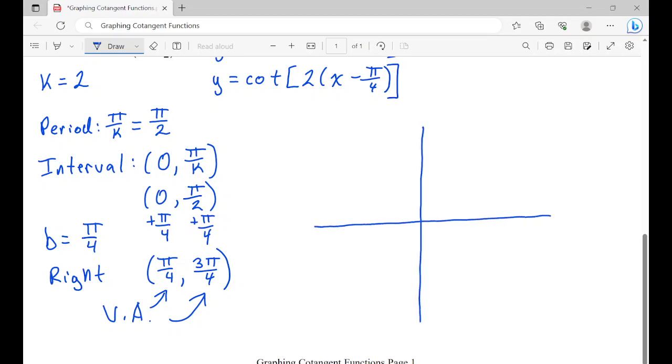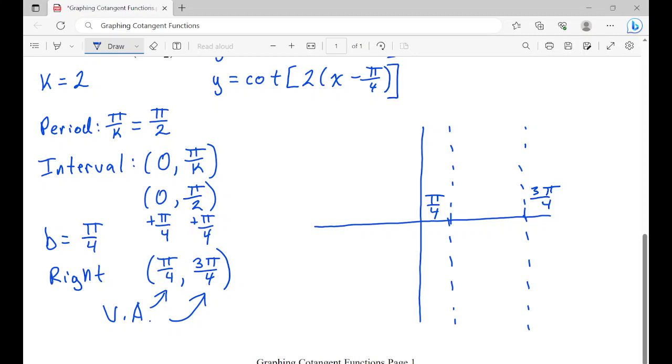So now I have my asymptotes, at pi over 4 and 3 pi over 4. So I'm going to say pi over 4 is here, and I'll say 3 pi over 4 is here. So there are my asymptotes.